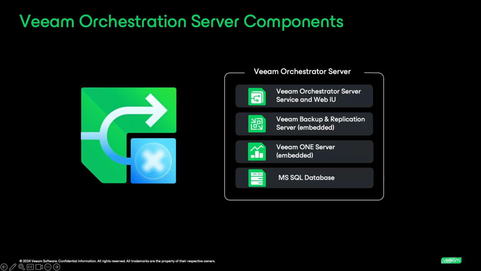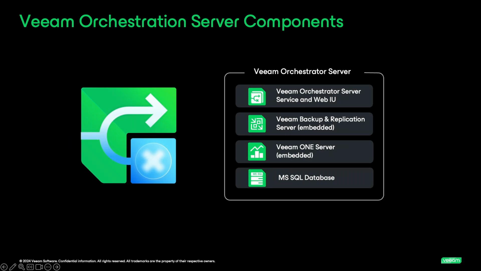But along with that, we do actually install an embedded version of Veeam Backup and Replication, and then also Veeam ONE. So the complete platform is installed alongside Recovery Orchestrator, because we use pieces and core functionality from those two to create our recovery plans and to inventory all the services.